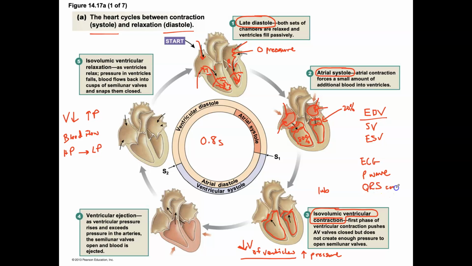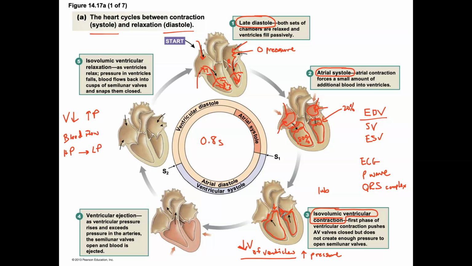The QRS complex is the depolarization of the ventricles, and following the depolarization of the ventricles is the contraction of the ventricles. As the volume of the chambers gets smaller, the pressure within the ventricles is rising, and eventually that pressure will become too great for the pulmonary semilunar valve and the aortic semilunar valve to hold the blood back.